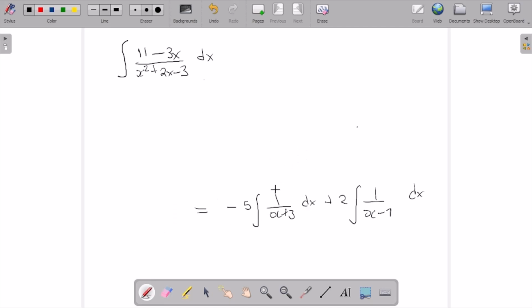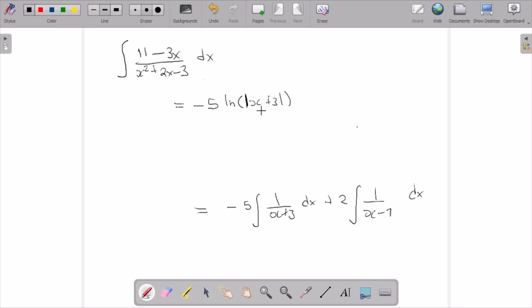So what is the integral of this? Now, this is something that you already know. So this is minus 5 natural log of x plus 3 in absolute values because we don't know whether this evaluates to something that is positive or something that is negative.